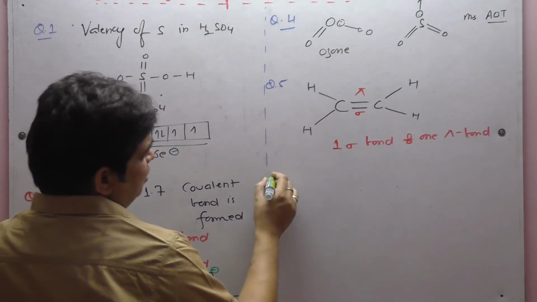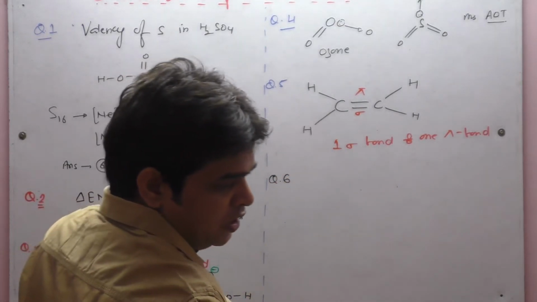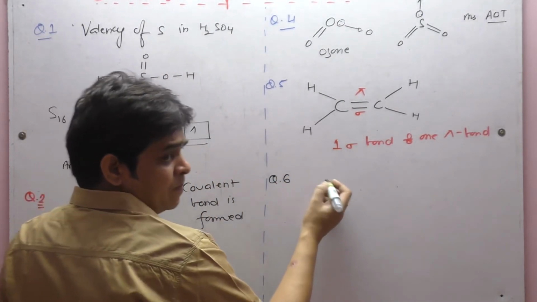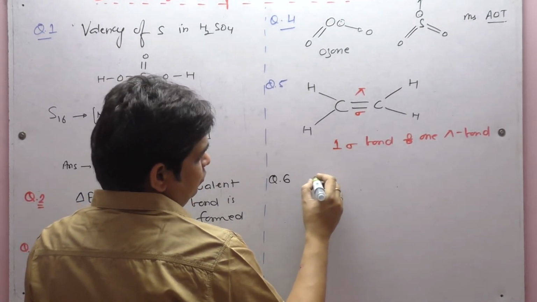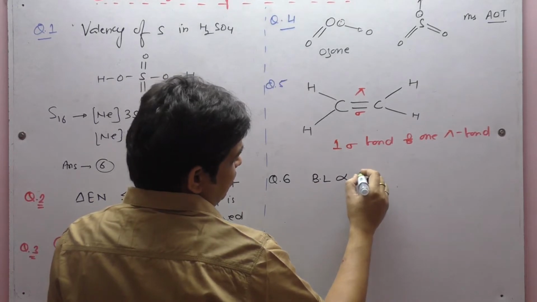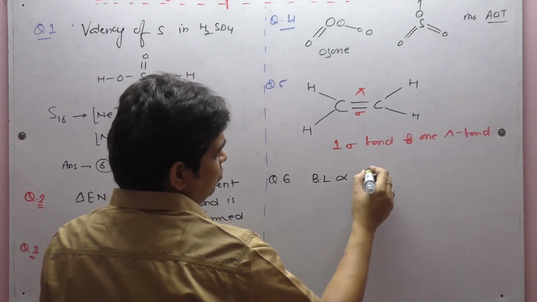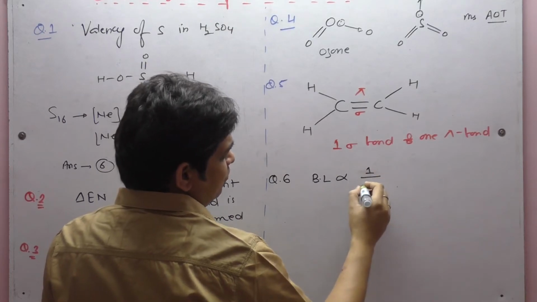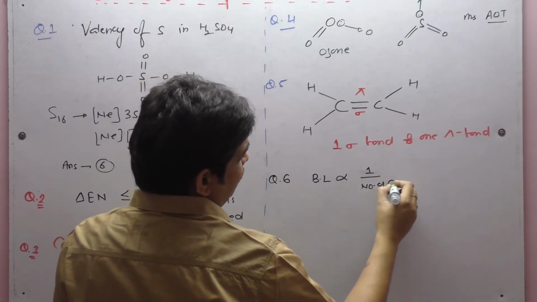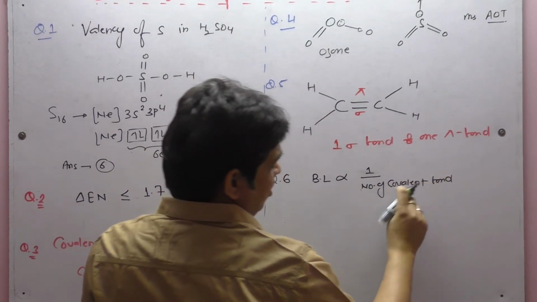Now come to the next part, question number 6. In question number 6, bond length. Bond length is inversely proportional to the number of covalent bonds.